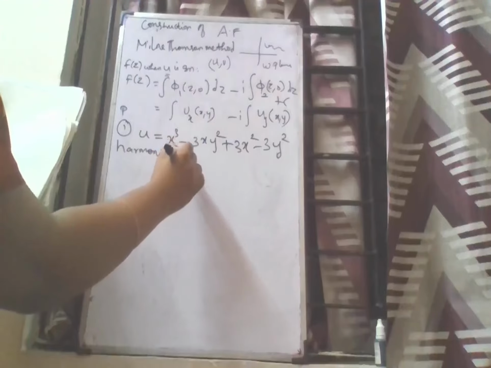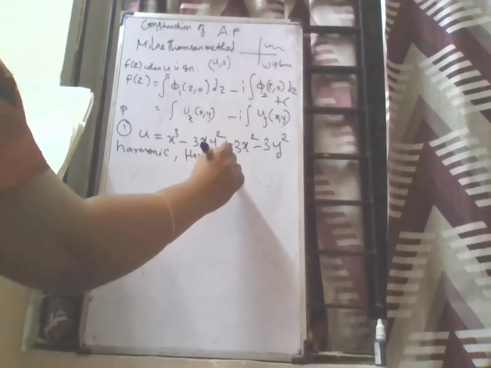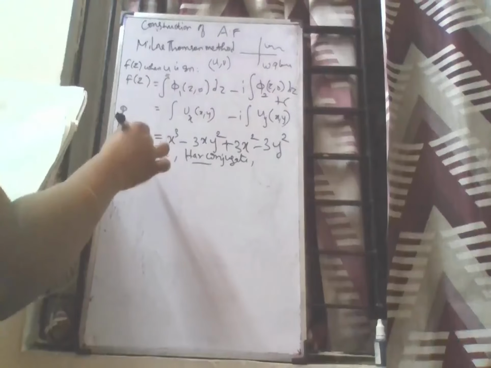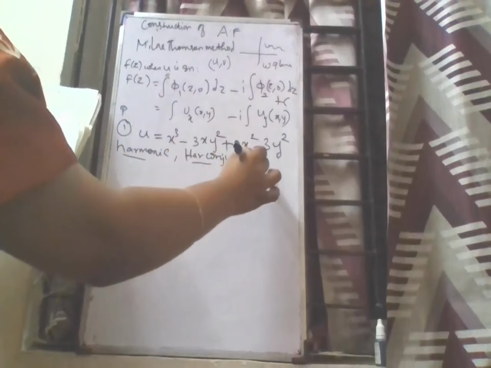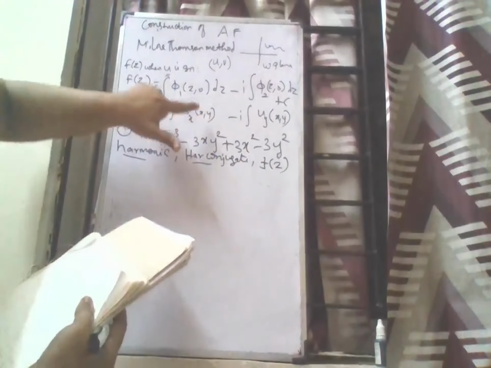Determine its harmonic conjugate. So point number 2, harmonic conjugate they're asking. They ask you to verify harmonic and also find f of z. I think readily I got the answer for f of z because I know this formula. I'll apply this. Okay, fine.